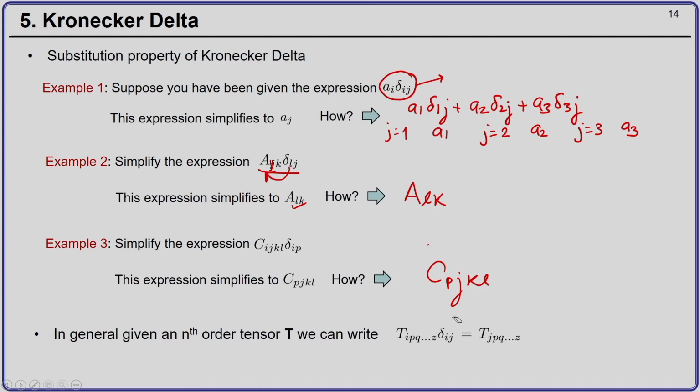In general, the substitution property of a Kronecker delta can be written in this particular expression, where i is replaced by j, and where t is any nth order tensor. It can be a vector, a second order tensor, a fourth order tensor, whatever. The index which is common between the Kronecker delta and the term that is the coefficient of the Kronecker delta gets replaced by the other index of the Kronecker delta, which is j here.